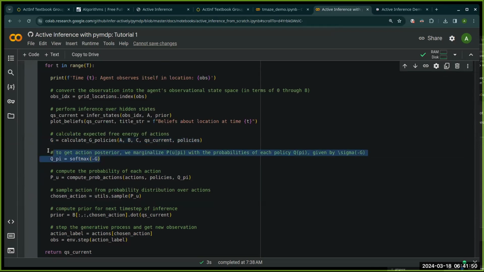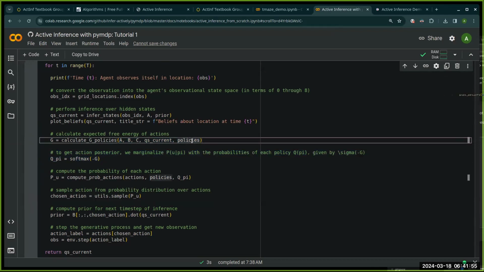Then it takes in the policy prior, which is E or habit, which is just, before thinking about planning, what is your habit? So if you're doing a fair T-maze rat, it might just be 50-50. Or if it's a T-maze rat, but it has an 80-20 bias for one direction.